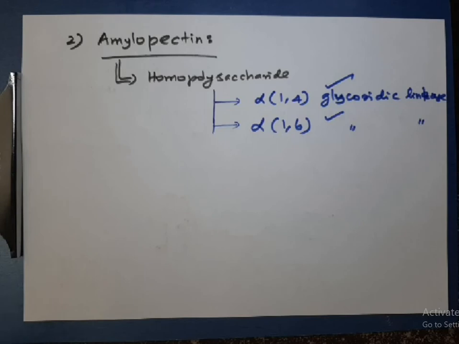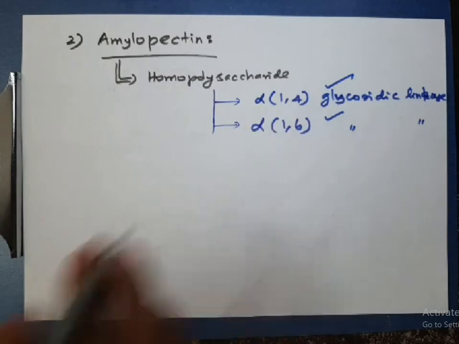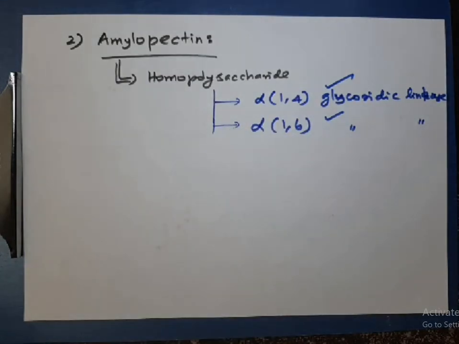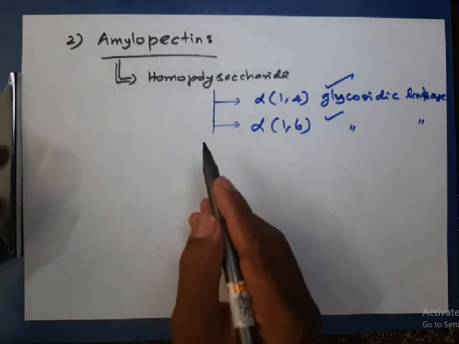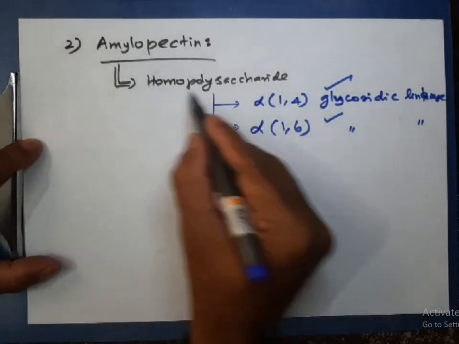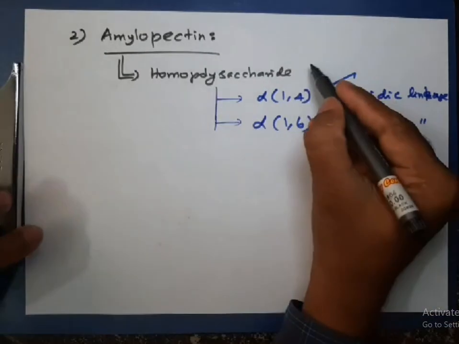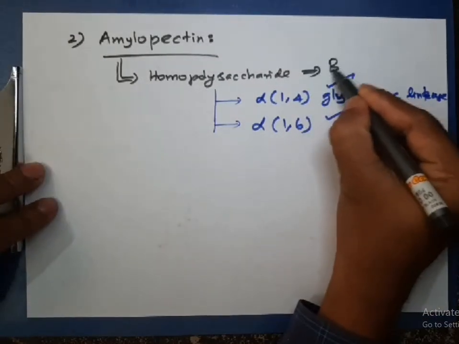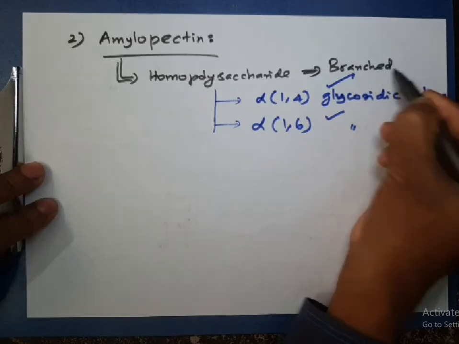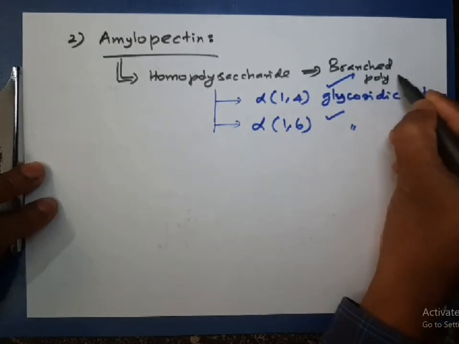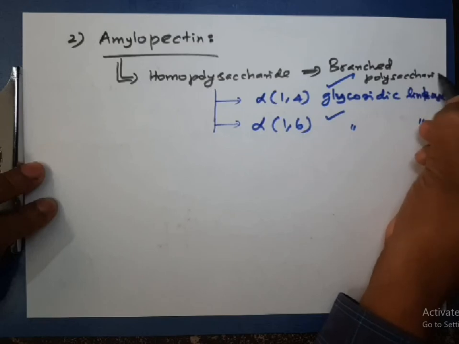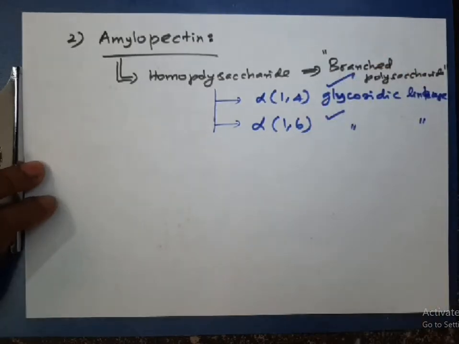In amylose, only alpha 1,4 linkage, but in amylopectin we have two different types of linkages, and because of these the structure is not linear. Actually amylopectin is a homopolysaccharide, but it is not linear, it is a branched polysaccharide. It is not a linear chain, it is branched.